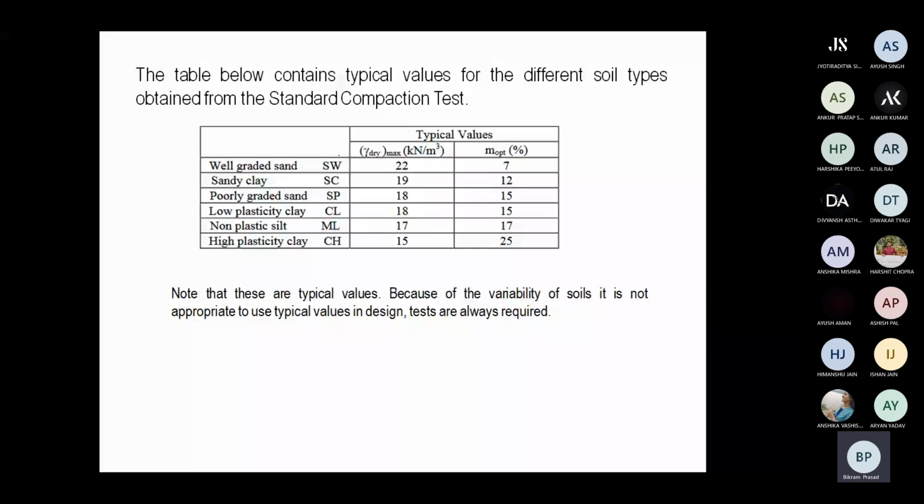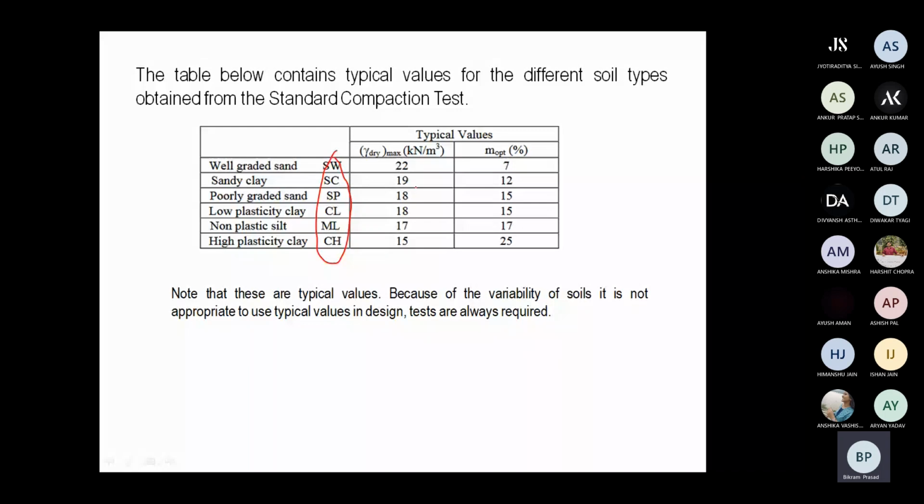S and W: S for sand and W for well graded. S for sand, C for clay. S for sand and P for poorly graded. C for clay, low plastic clay, non-plastic silt and high plastic clay. So you can see these are the values.